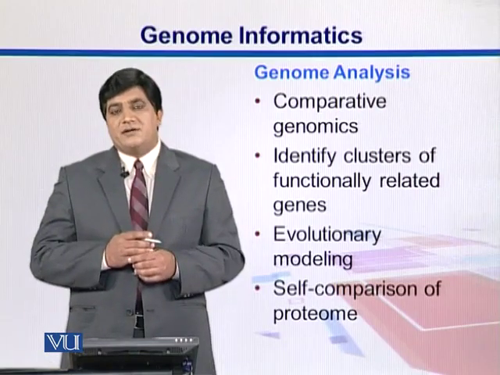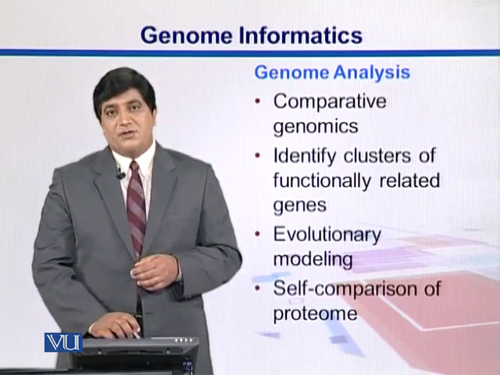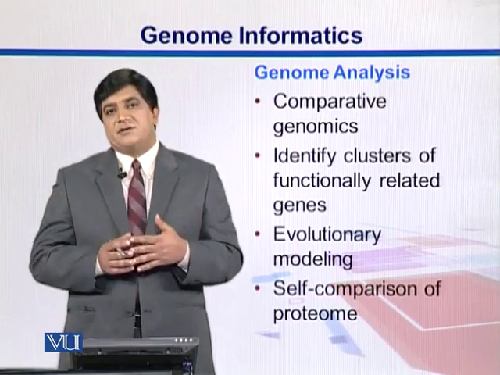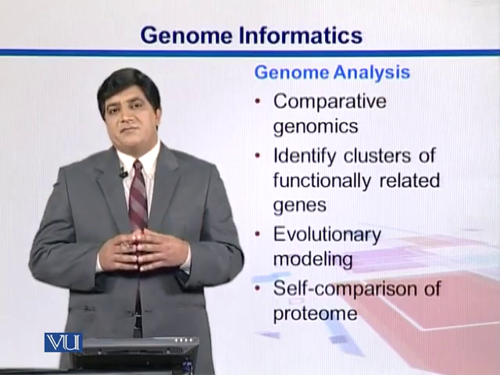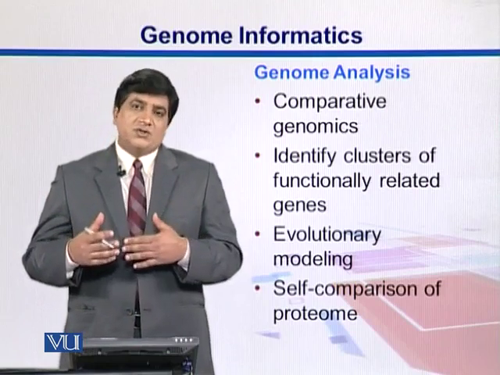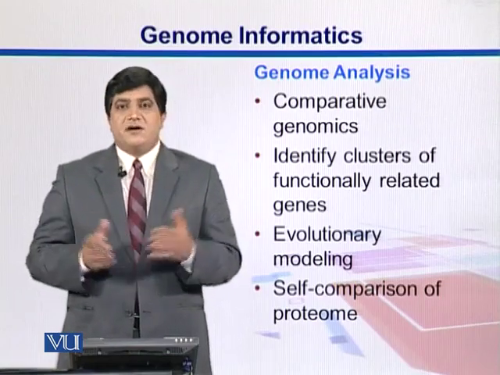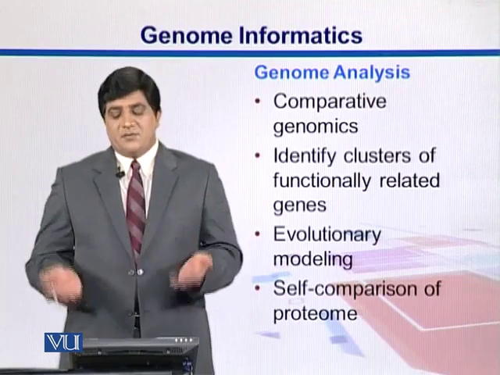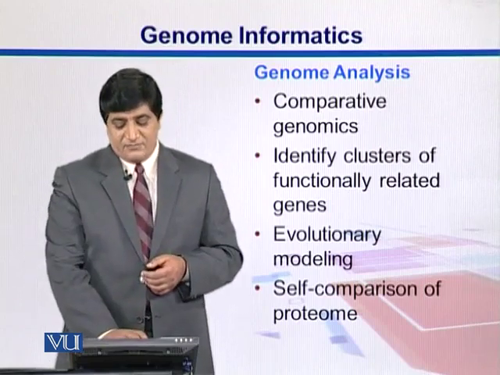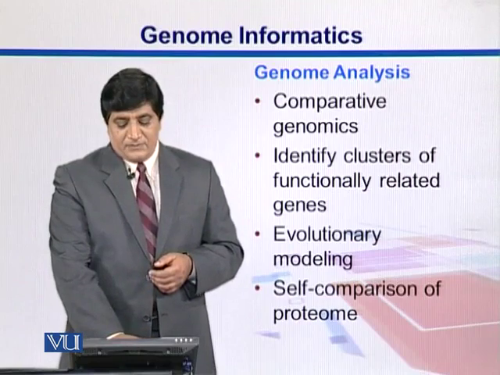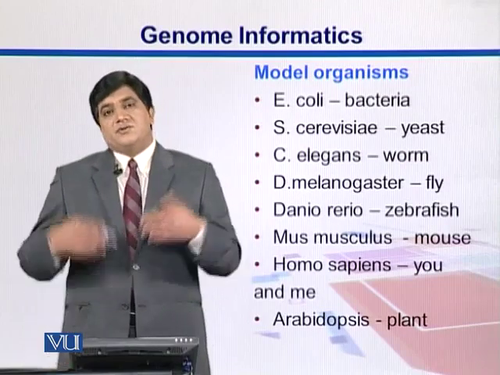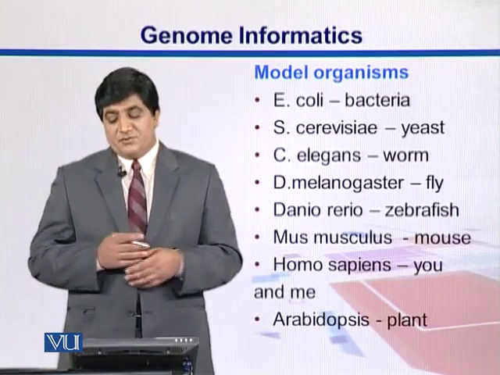In order to do that, we do self-comparison of the proteome. The proteome is the collection of the proteins which are derived from those genomes. So the whole collection of one organism's proteins can be called its proteome. We can compare it with itself, and then we can find those sequences which are duplicated in it.